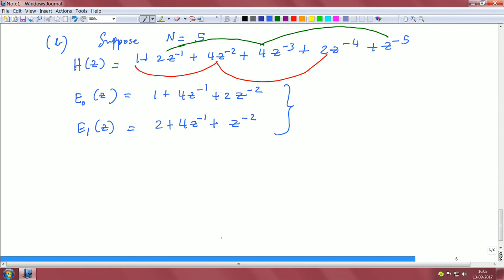Unlike the even case, these are not symmetric, but E naught and E1 are mirrors of each other. You look at this 1, 4, 2, and you see the mirror of this, which is 2, 4, 1.